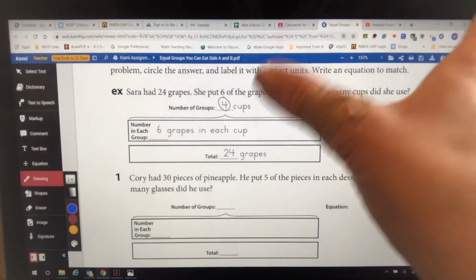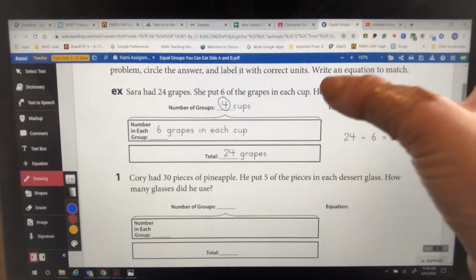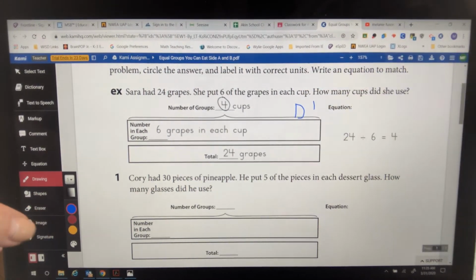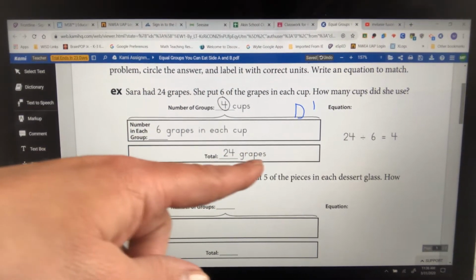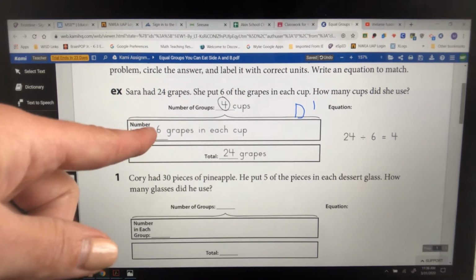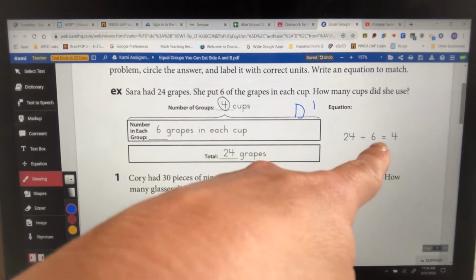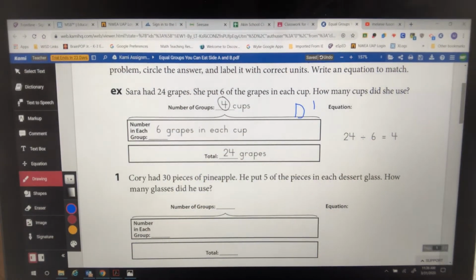Well, we've got grapes and we're looking for our cups. So that's an automatic D1, right? And if I were completing this, I probably would have written D1 out to the side. But you can tell that the 24 grapes was the total number of grapes, and 6 was how many grapes in each cup. And so when you divide 24 by 6, you get 4, and the answer is 4 cups.